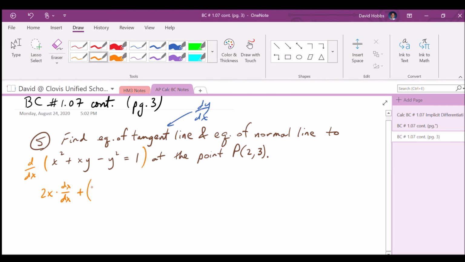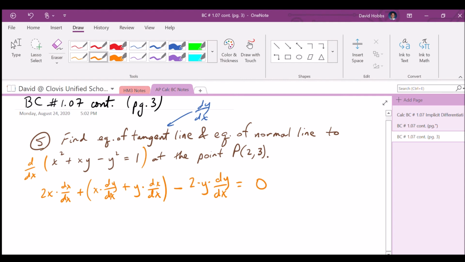So the first times the derivative of the second with respect to x plus the second times the derivative of the first with respect to x, minus 2y times the derivative of the guts with respect to x, equals 0 because the derivative of a constant is 0.